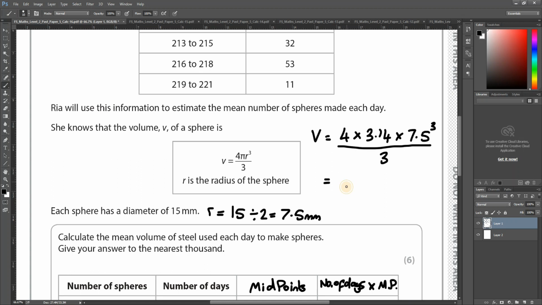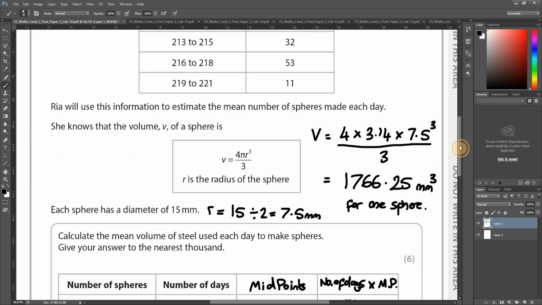Okay, so I get 1766.25, and that's going to be millimeters cubed. Okay, so that's the volume of one sphere though. Yeah, that's the volume of one sphere.